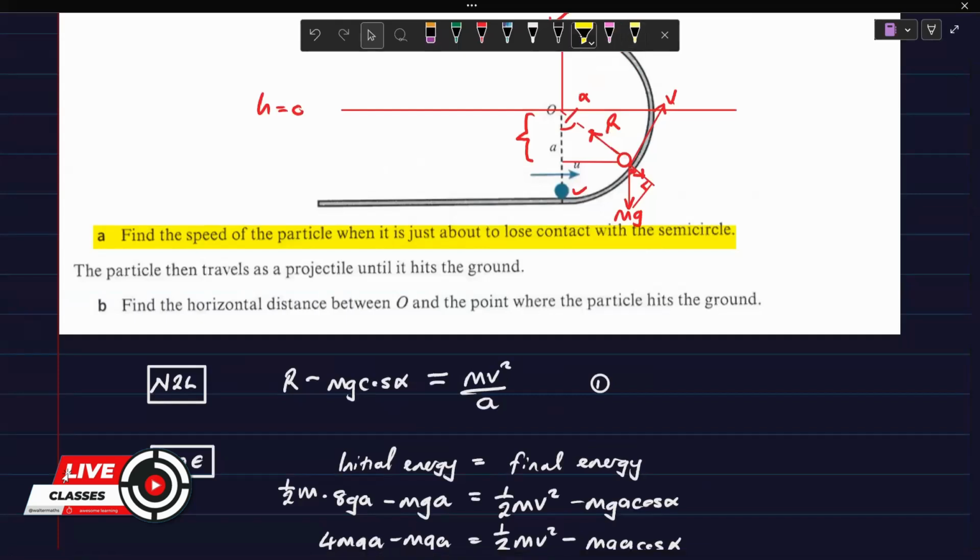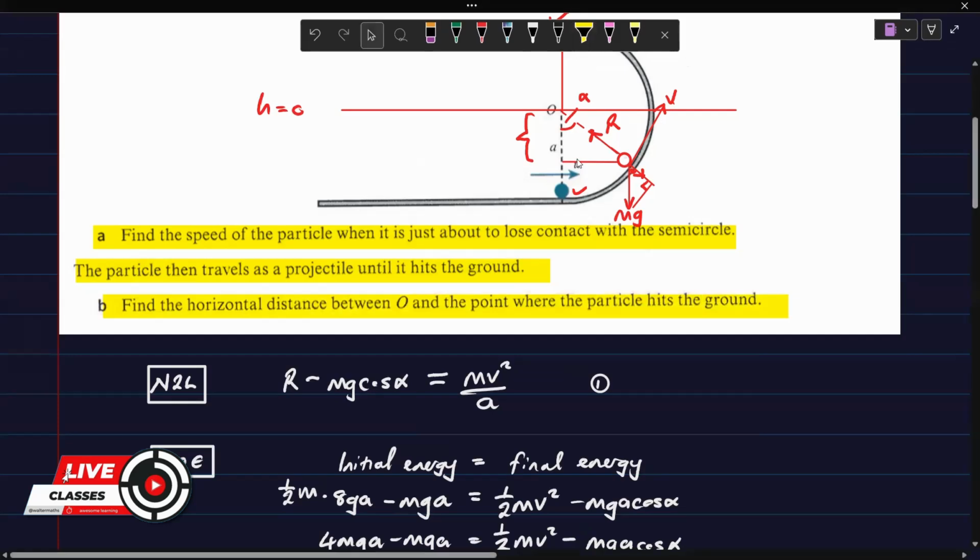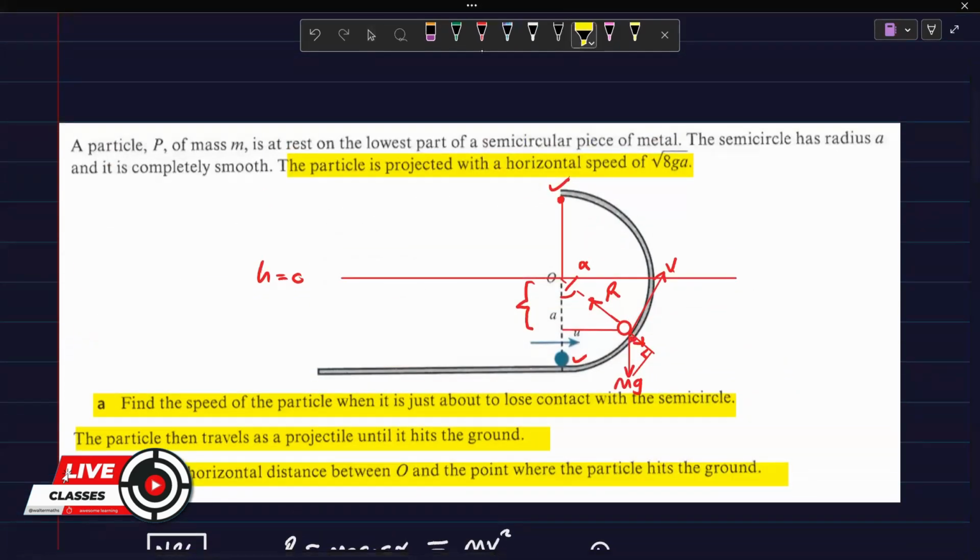The next part of the question says, the particle then travels as a projectile until it hits the ground. Find the horizontal distance between O and the point where the particle hits the ground. Okay, so when it loses contact, they say that it will move like a projectile. So it is going to be projected, in this case, tangential to the circular path, which in this case will be horizontally.